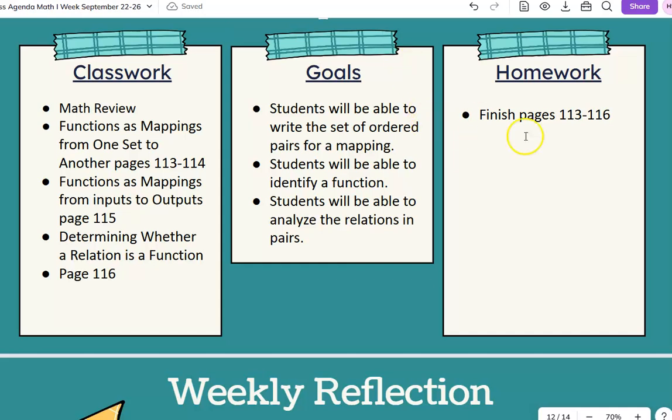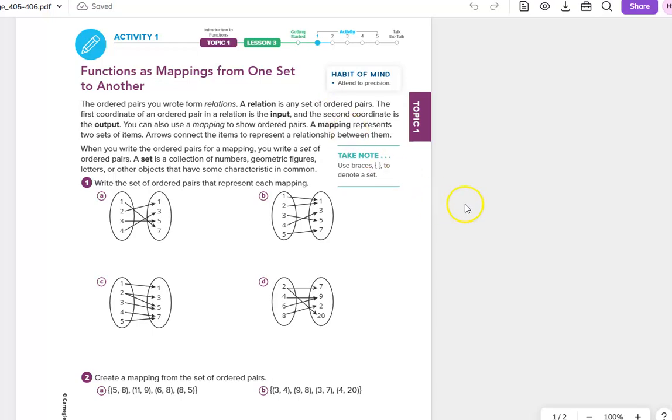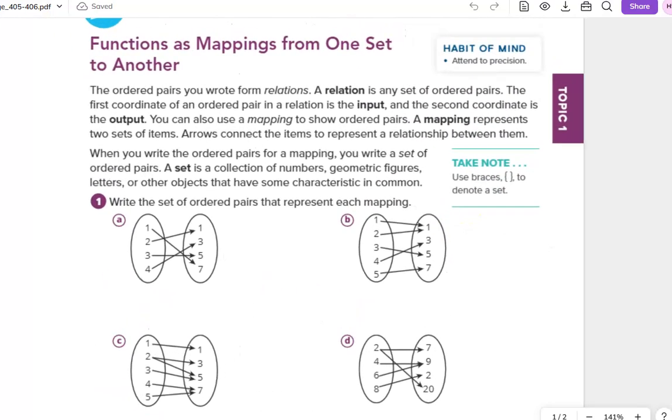In your agenda, please write down finish pages 113 to 116. So I'm going to do a couple of problems with you, and then you're going to do the other problems by yourself, and whatever you do not finish will become homework. Okay, so go ahead and turn to page 113.